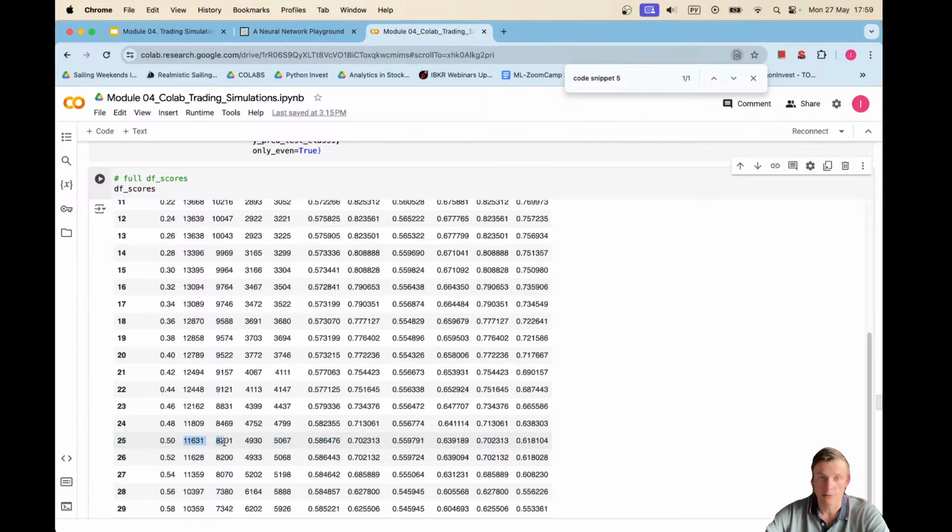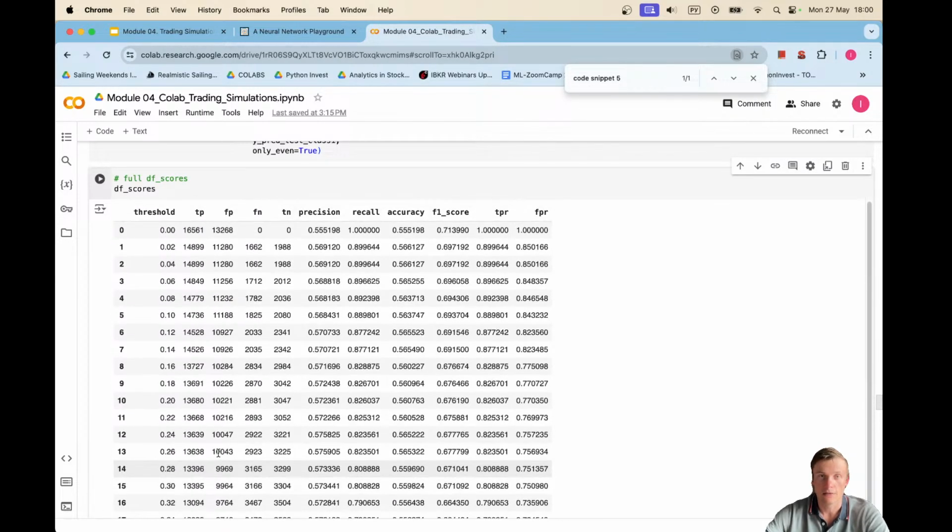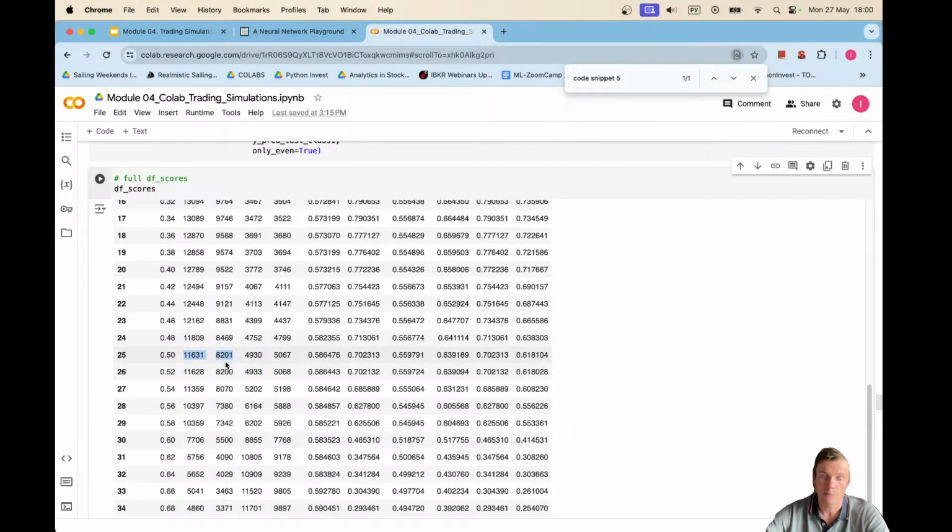And for this positive class, the true positive will be 11.6K predictions, and false positive will be 8.2K predictions. So the precision is higher, 58.6%. That's what we saw while we trained our optimal model.